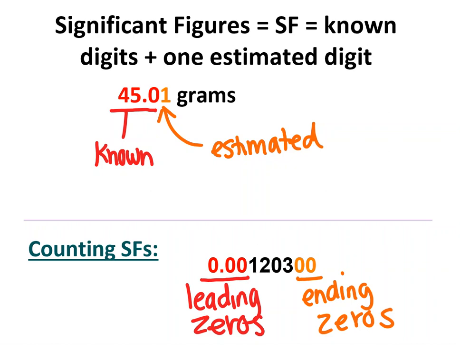It is a known quantity. Any zeros that are sandwiched, like this one, it is an actual known quantity. On this one, well, I won't get to that. But anyway, let's kind of know those terms, leading and ending zeros. Notice it doesn't matter where the decimal place is. Anything in the front is leading, anything in the back is ending.